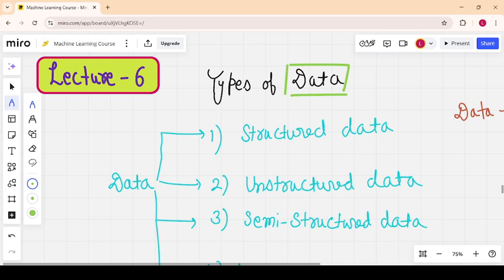In the previous lecture, I discussed the key differences between the types of machine learning: supervised machine learning, unsupervised machine learning, as well as reinforcement learning.